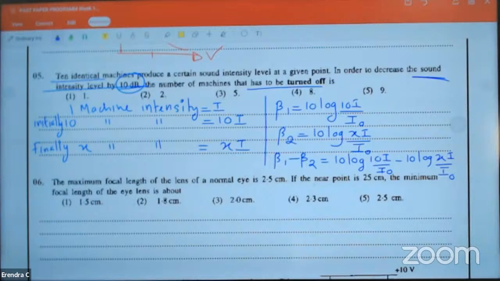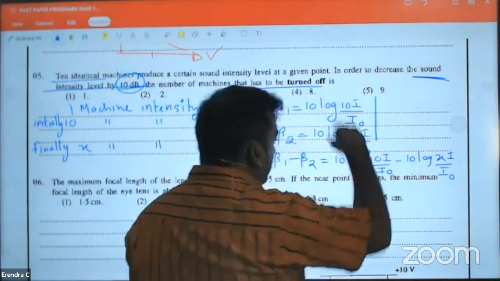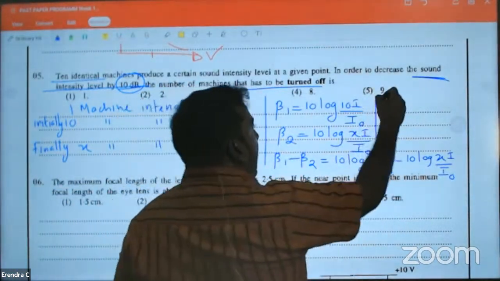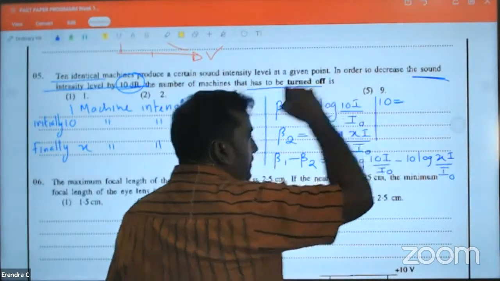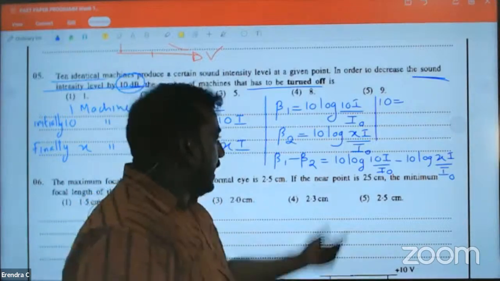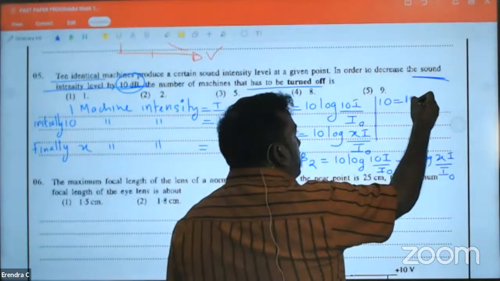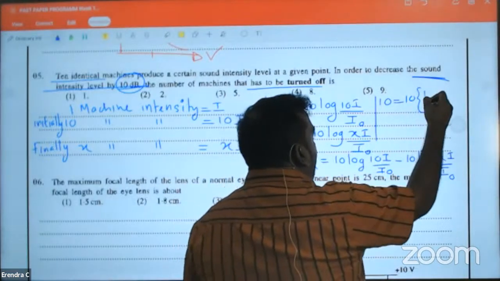Now look. Here, the difference is given as 10 decibel. When you are doing a log subtraction, take the 10 out. Then what do you have?